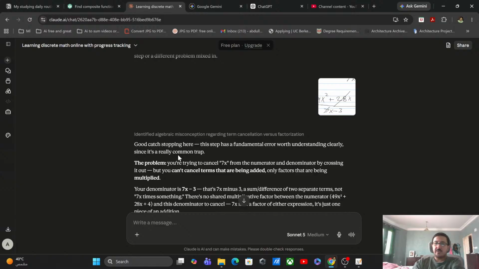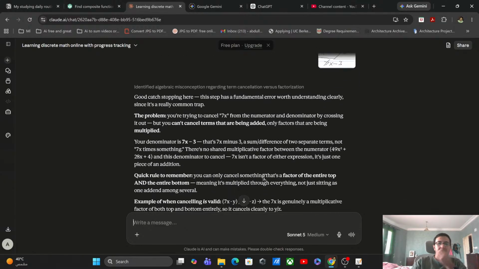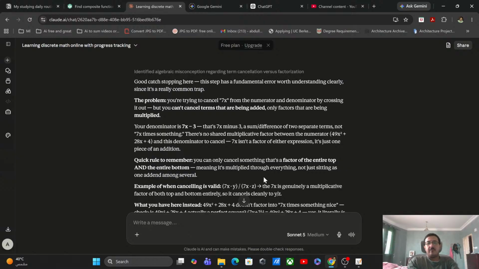There is no shared multiplication factor between the numerator, 28x, and this denominator to cancel. 7x isn't a factor of either expression, it's just a piece of addition. Quick rule to remember: you can only cancel something that's a factor of the entire top and the entire bottom, meaning it's multiplied through everything, not just sitting as one added term among several.